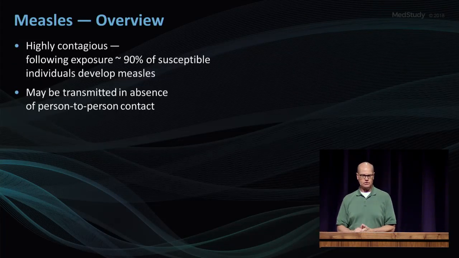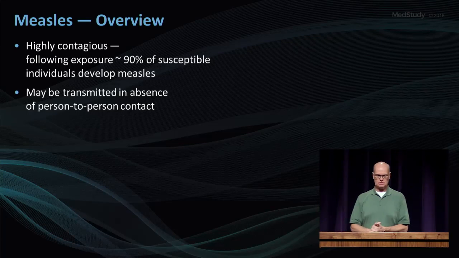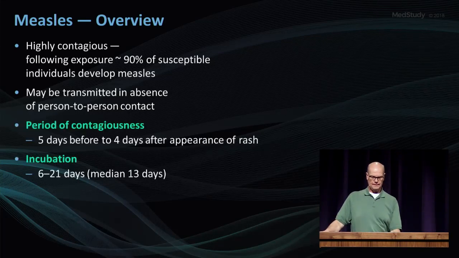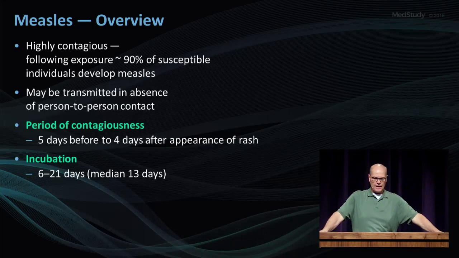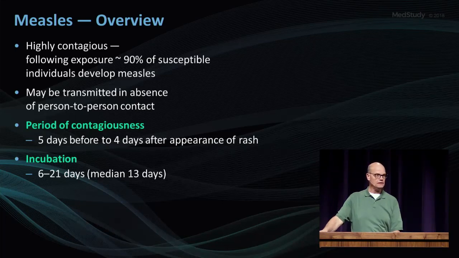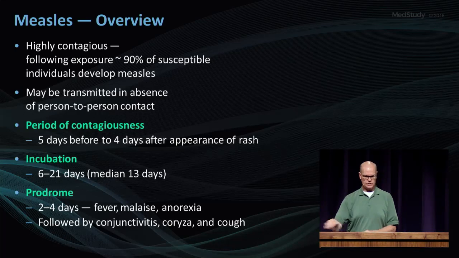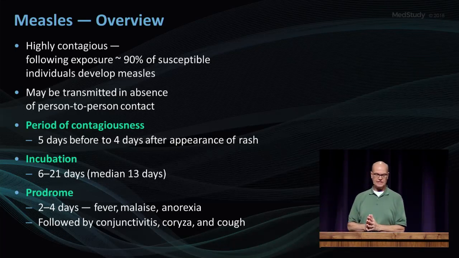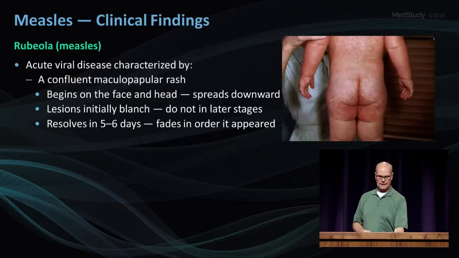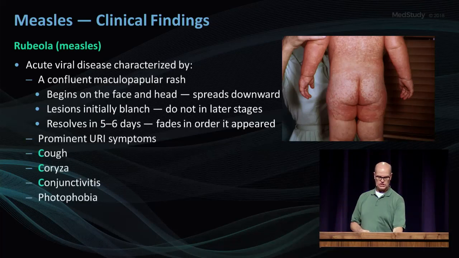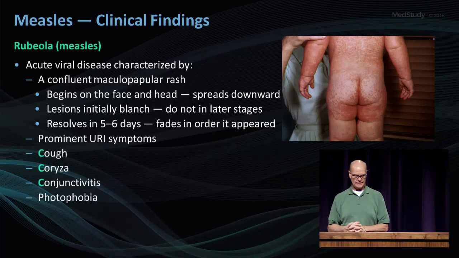All right, measles. Highly contagious. Most of the time, susceptible individuals will develop it. You're contagious prior to and after the appearance of the rash, following an incubation period of a median of 13 days. And the prodrome consists of fever, malaise, and anorexia, followed by the typical 3 Cs, cough, coryza, and conjunctivitis.